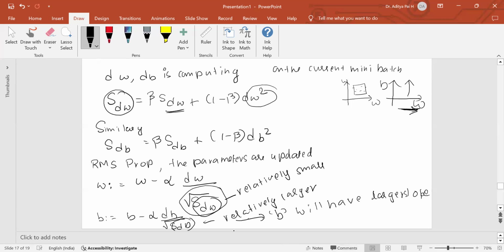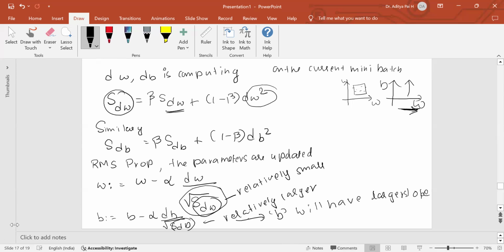That is why the root of sdb will have a larger value compared to the root of sdw.